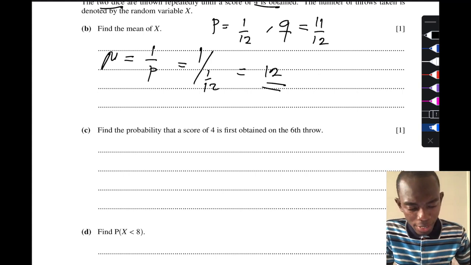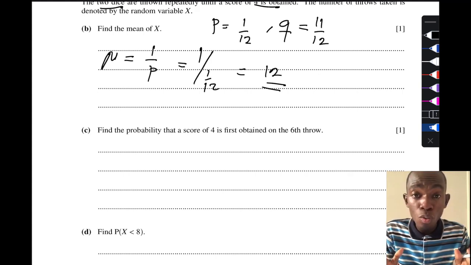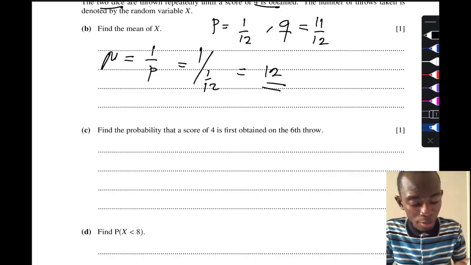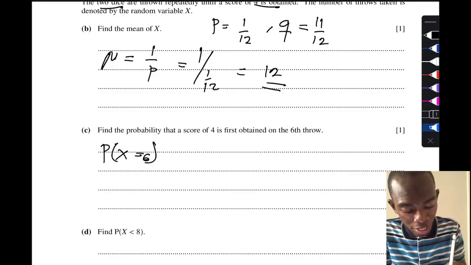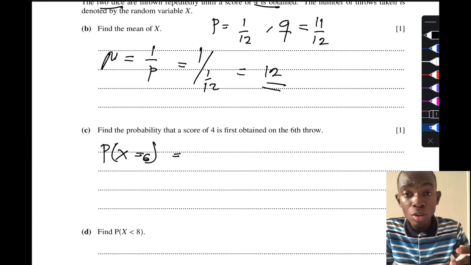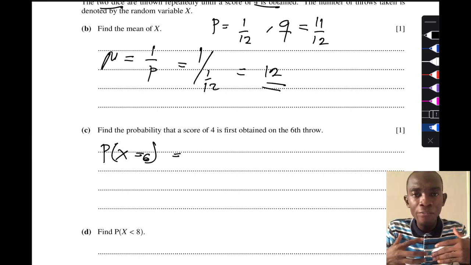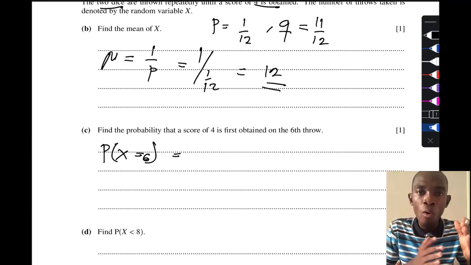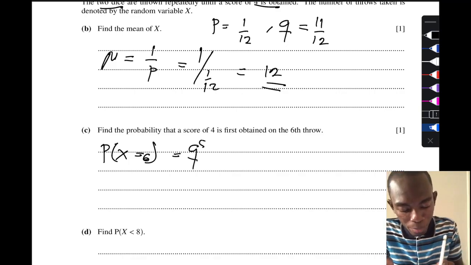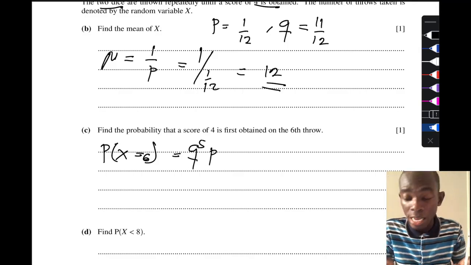The next one says, find the probability that the score of 4 is first obtained on the 6th throw. So that means the probability that X equals 6. Now if we are going to obtain the 4 on the 6th throw, then you must have failed on the first 5 throws, so that you have your success on the 6th. So that means q raised to the power 5, and then there's now your success.